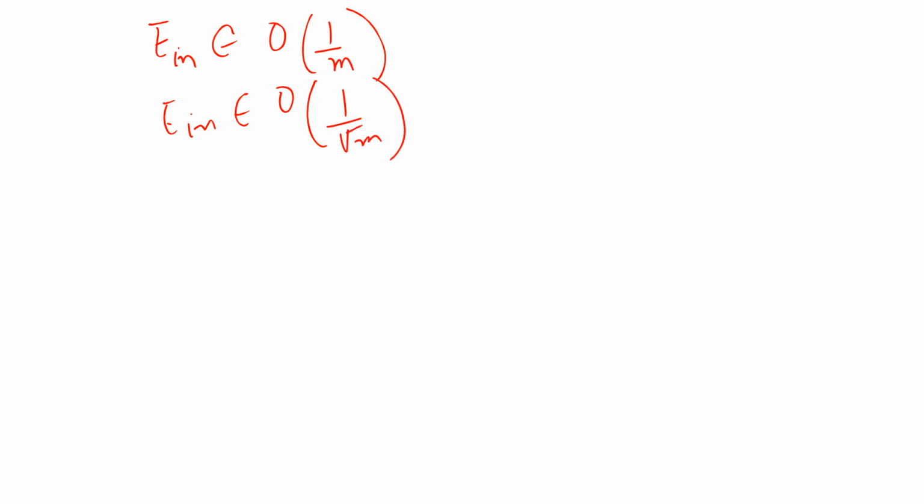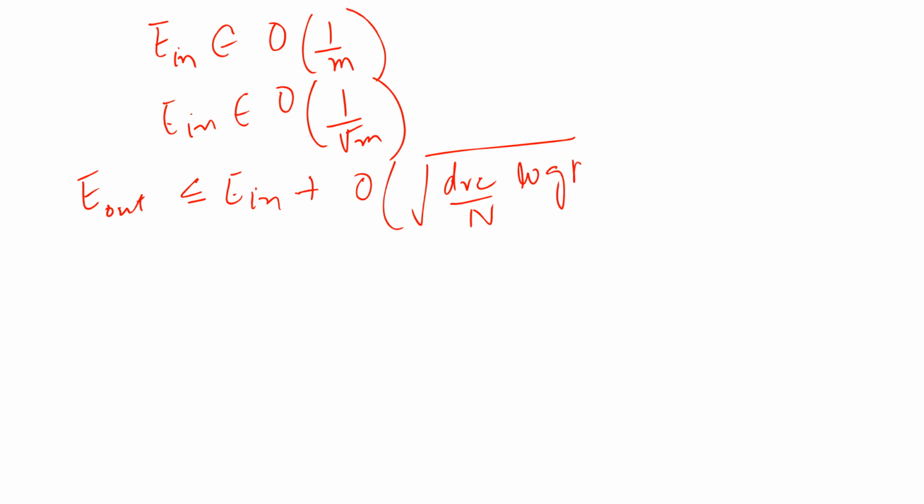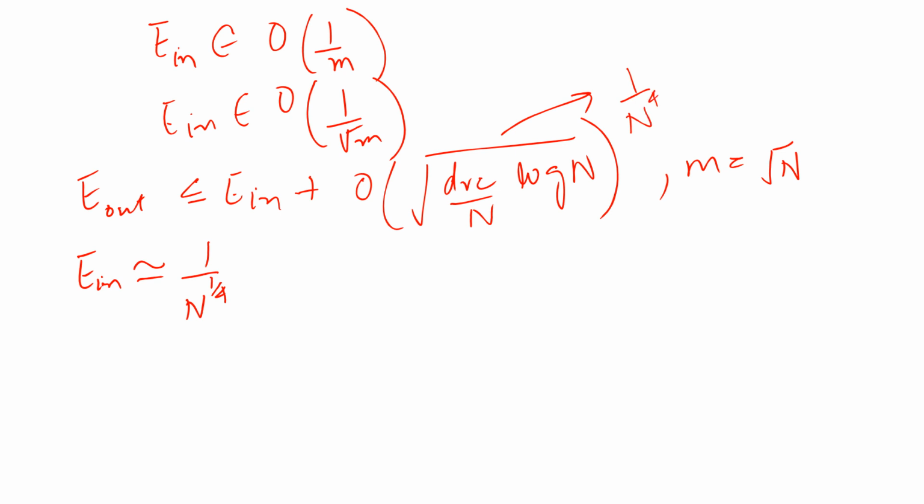Okay, so my E_in for regression is of the order 1 over M, and also my E_in is of the order 1 over square root of M. And from our foundations, we know that E_out is related to E_in plus the error bar, which is of the order, I think, the VC dimension times log N over N. Now, if M equals square root of N, theoretically speaking my E_in will be close to 1 over N^(1/4), and my second term will also be of the order close to 1 over N^(1/4), because I selected my M such that this is what I'm using.